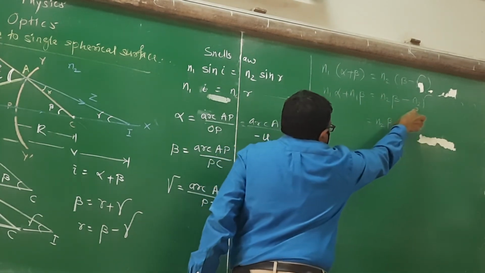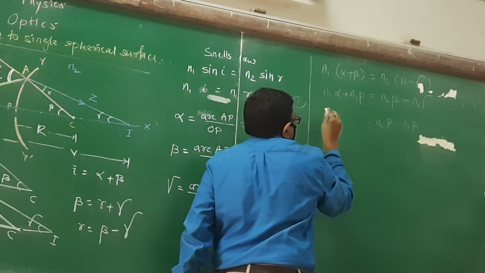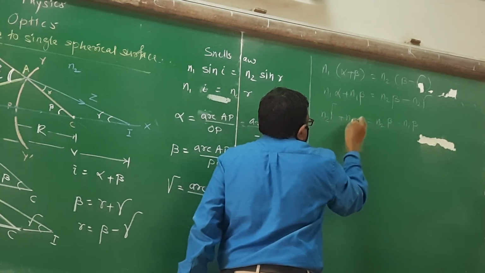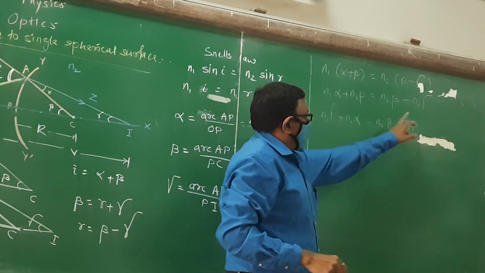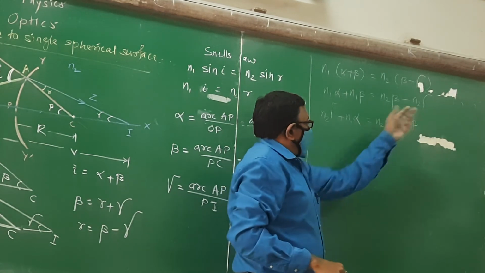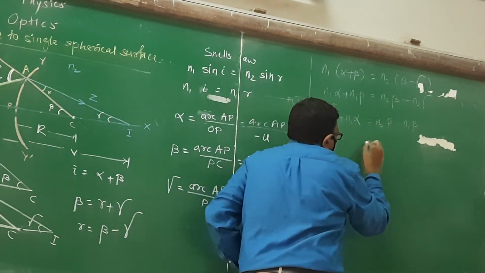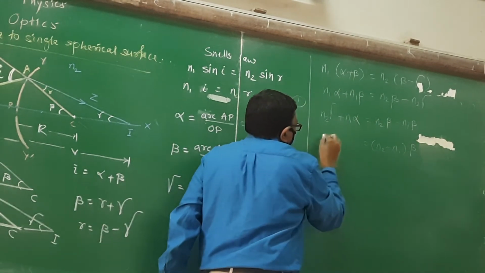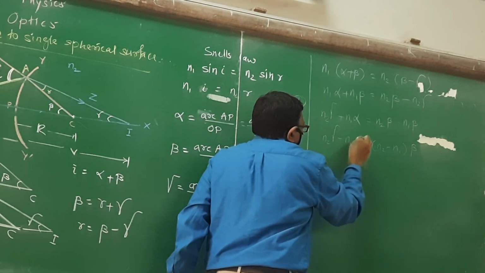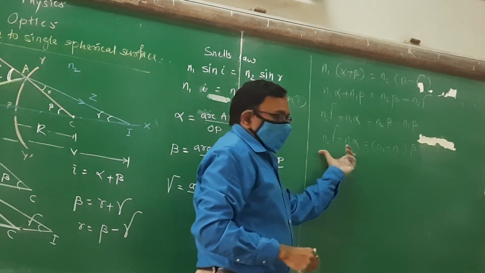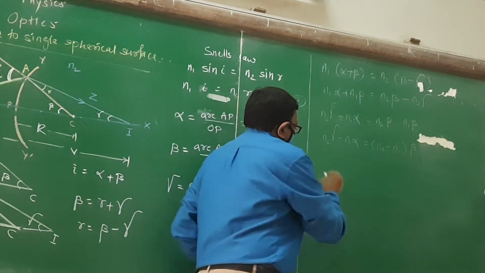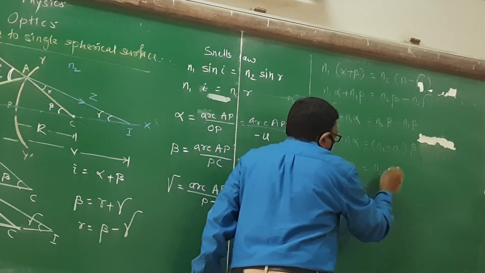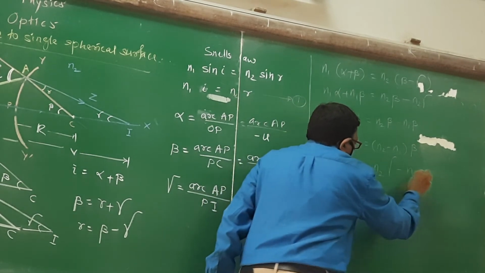This N2 gamma is negative on this side, so we transfer it to this side, N2 gamma plus N1 alpha. Understand this step? In the next step, we take beta common: N2 minus N1 into beta, here N2 gamma minus N1 alpha. So N2 minus N1 into beta is equal to N2 gamma minus N1 alpha.